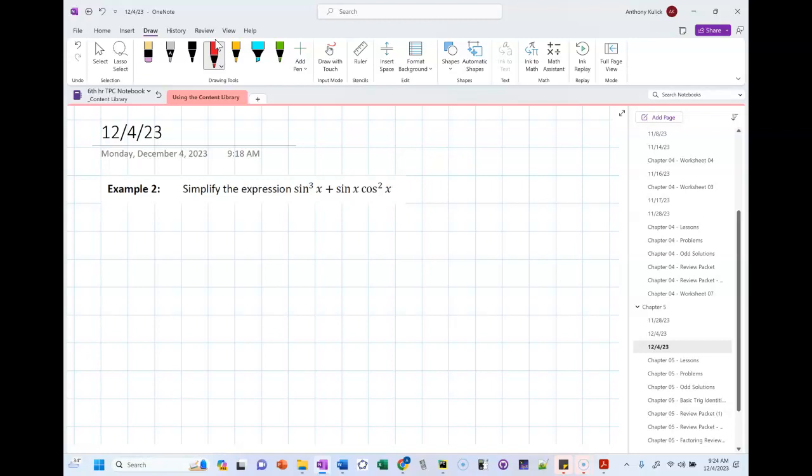If I look at this, do you guys see anything like that that we can do? Well, you can't, because one is sine cubed and the other is sine x, but it's being multiplied by cosine, right? So even if it was sine x plus sine x times cosine squared x, you still couldn't combine the sines there. Does that feel okay?